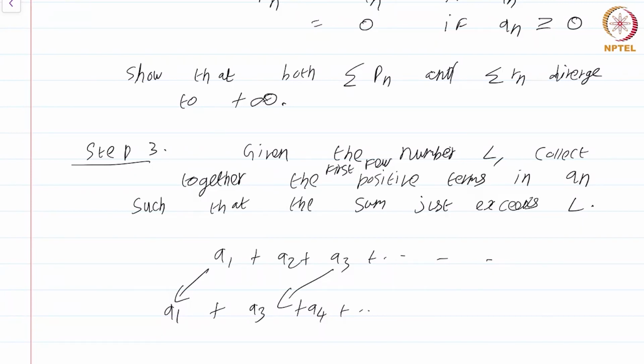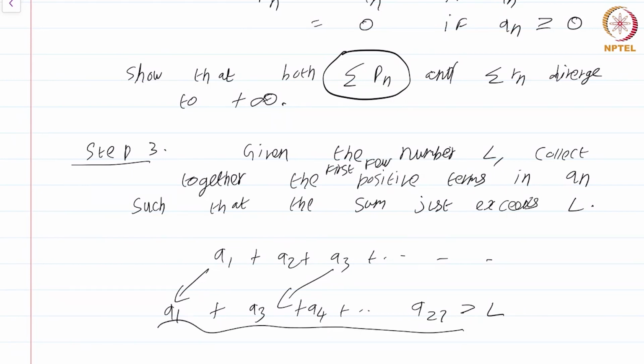Because the sum of p_n diverges to infinity, there will come a point, let's say a27, such that a27 just exceeds L. That means if I sum up the first 26 terms, I should not exceed L. But the moment I sum up the first 27 positive terms, sorry, I made a mistake. There may not be 27 of them because some of them will be negative. So let me rephrase the last statement.